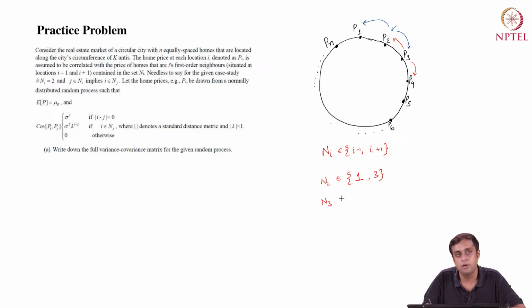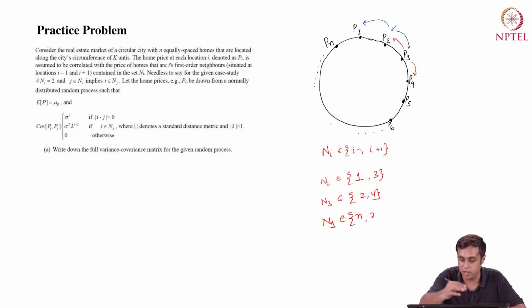The neighbors of the house at location 3 are the houses at location 2 and 4. What about the neighbors of the house at location 1? Here the neighbors are n and 2.